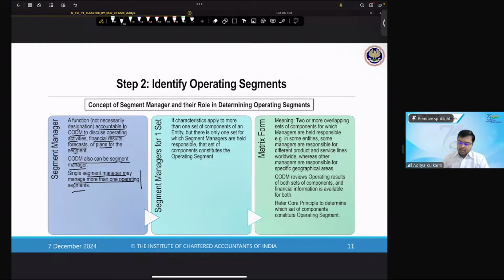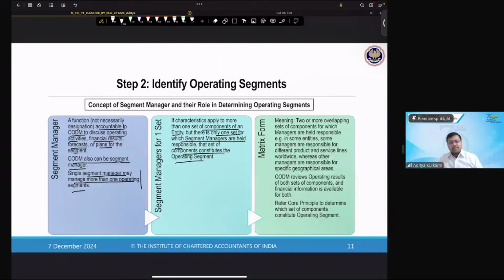Yes, all right. Now, segment managers for one set. If characteristics apply to more than one set of components, but there is only one set for which segment managers are held responsible, then that set of components constitutes the operating segment. Okay.